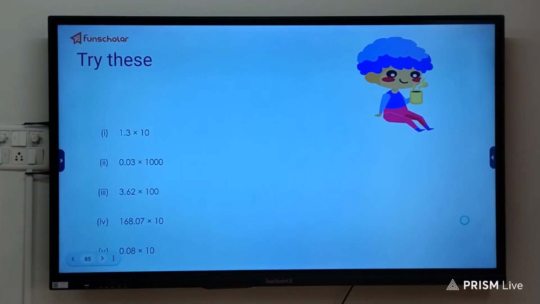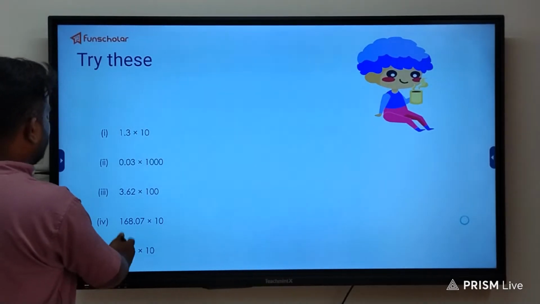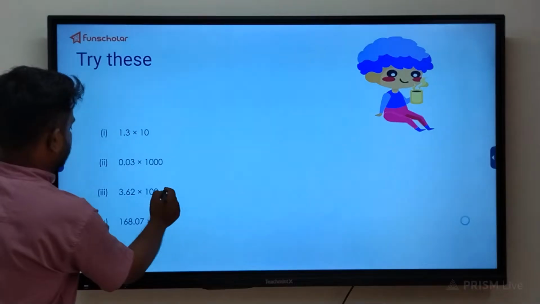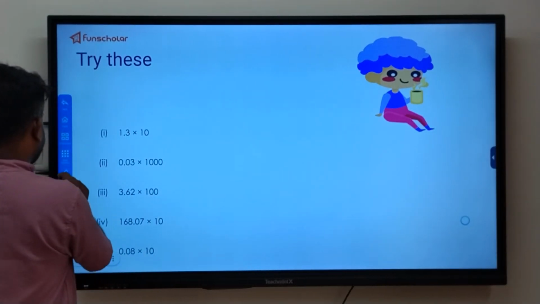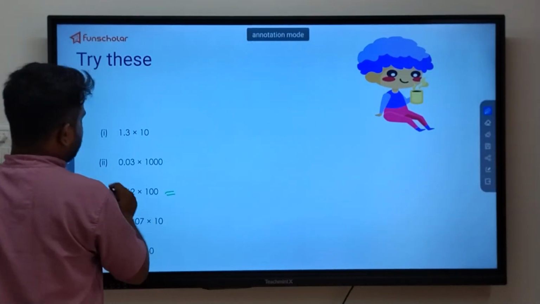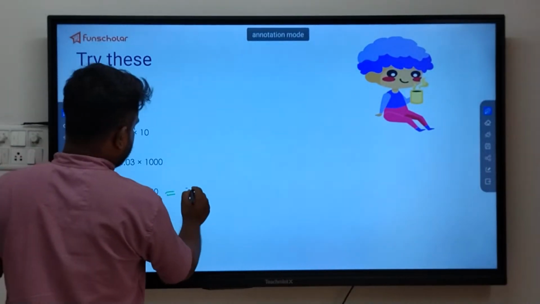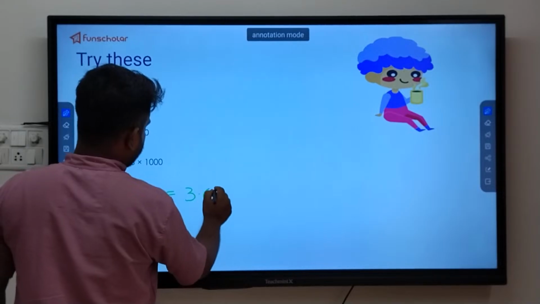Now try this. You can try all of these at home. Let me do one, I am choosing this one: 3.62 multiplied by 100. What do we have to do?